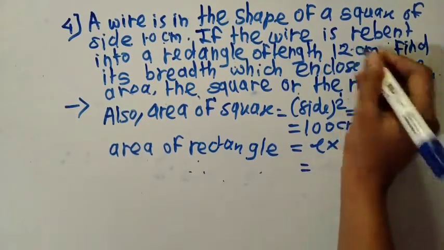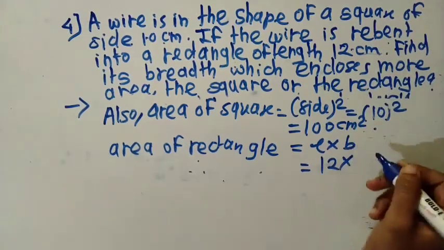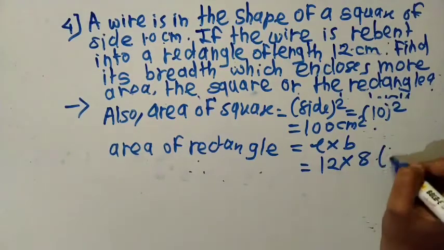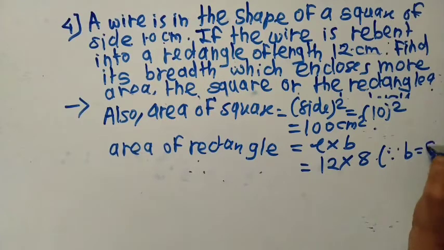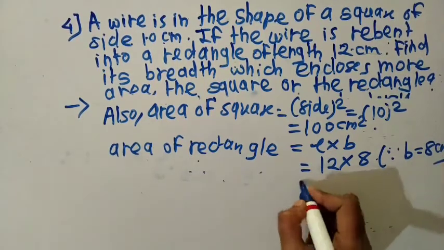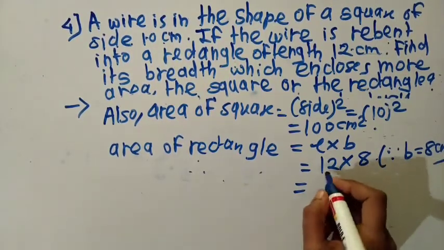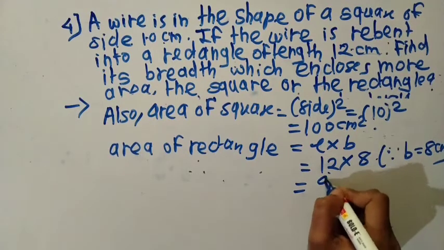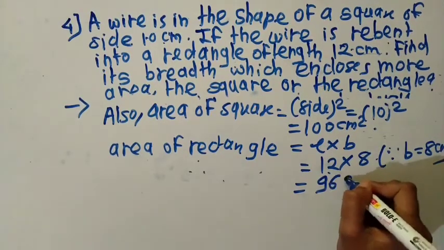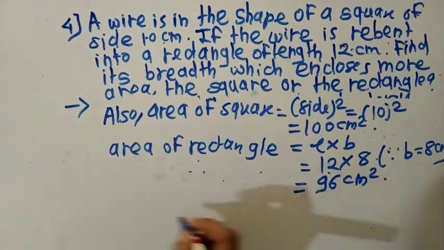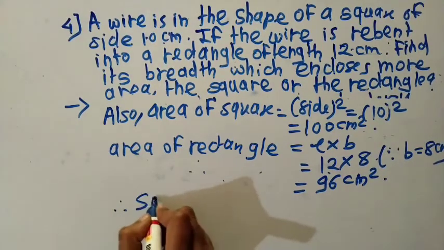Here length is 12 and we found b is equal to 8 centimeter, so 12 into 8 is 96 centimeter square.